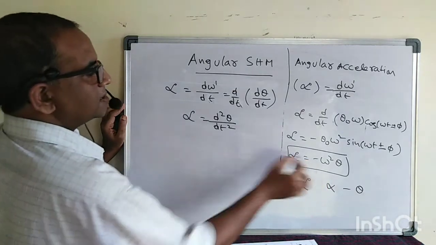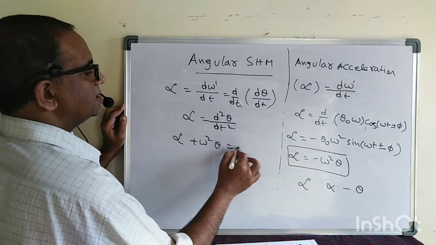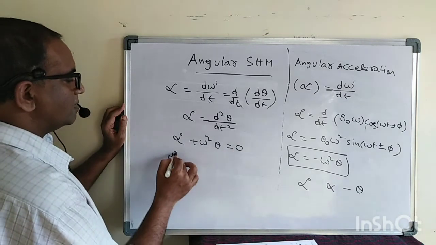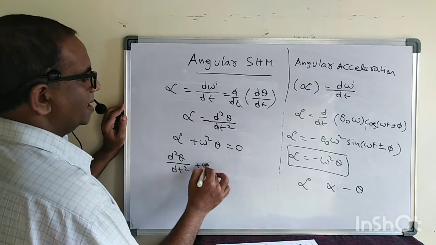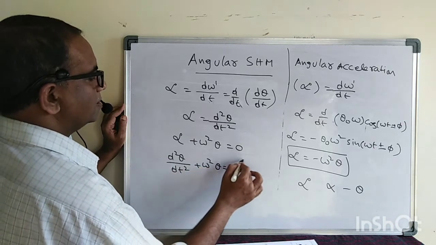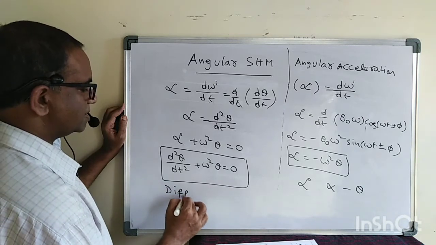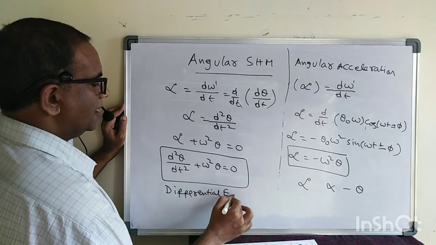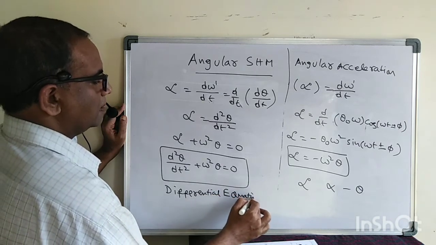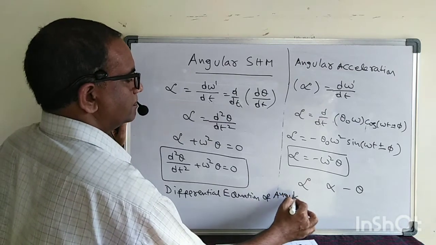Just look at this one: alpha plus omega square theta is equal to 0. Or, d square theta by dt square plus omega square theta is equal to 0. This one is called the differential equation of angular SHM.